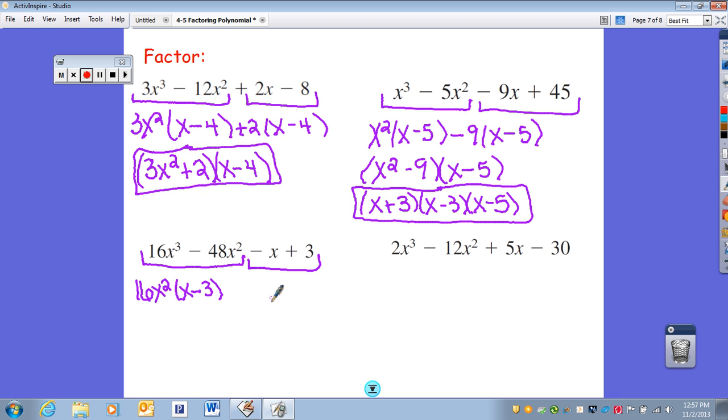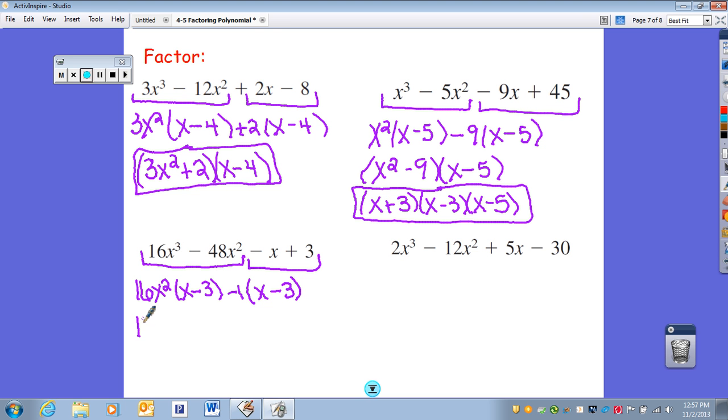And in this case, they have a negative 1 in common. The reason that I know that is because I want to make sure that this second binomial is x minus 3. To get the negative x to be positive, I would divide it by negative 1, and to get the 3 to be negative, I want to divide that by negative 1.